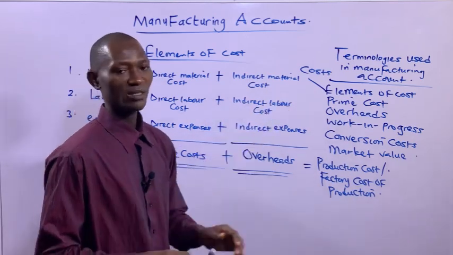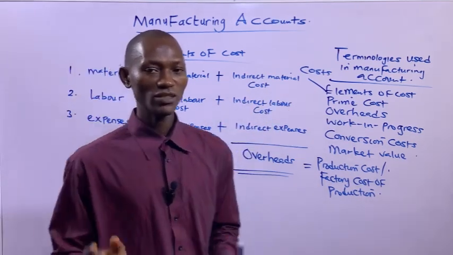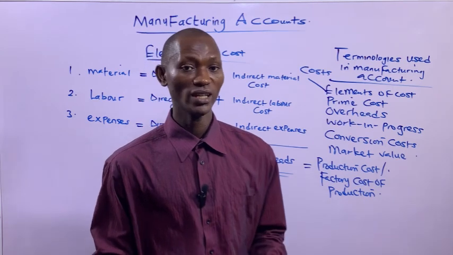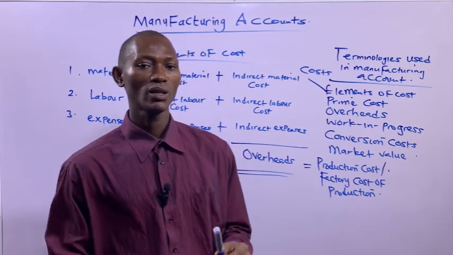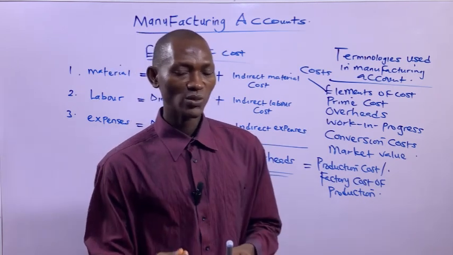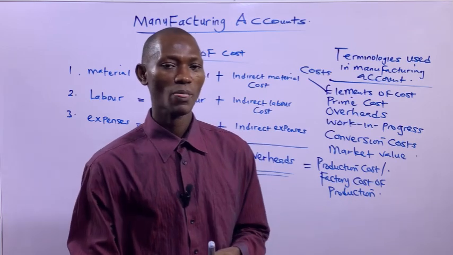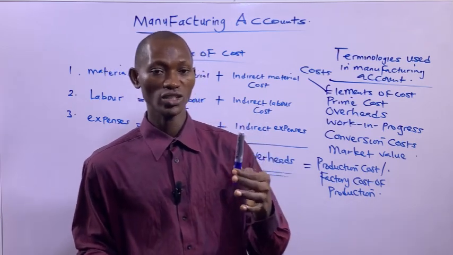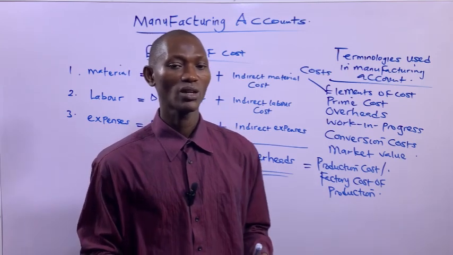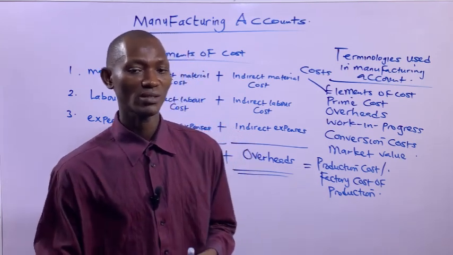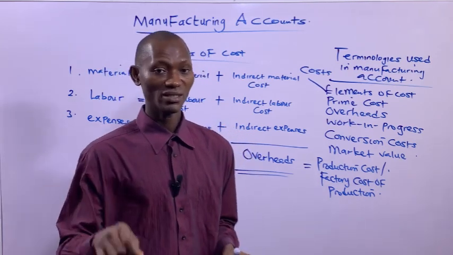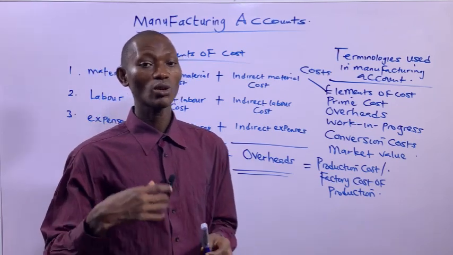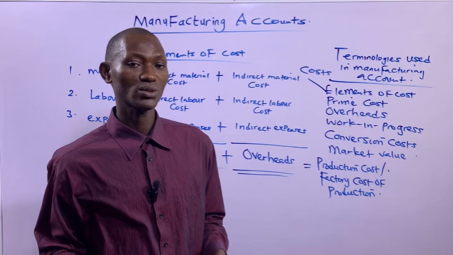Then indirect material costs. Let's say, for example, this marker that we have produced and we want to sell to our customers. While selling it, we are going to issue receipts. Let's say we sold 2 million units of this marker to our customers. We will want to issue them a receipt, and that receipt is material. The cost of producing it is also going to be added to the cost of production.